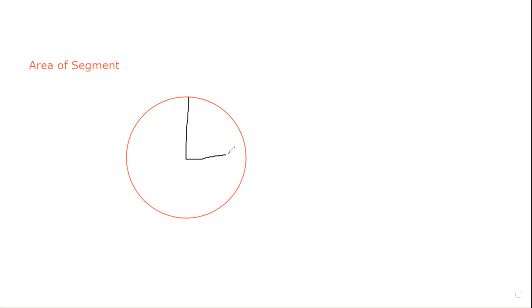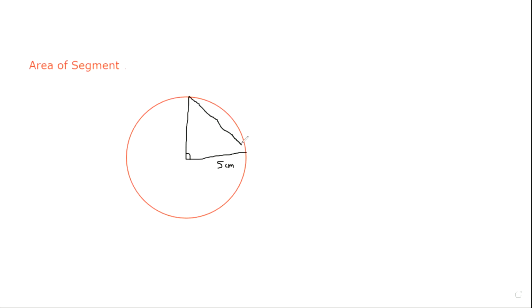But let's make it something simple, like 90 degrees, okay? And we want to find, so this is a radius here, this is a radius here. Let's say it's 5 centimeters. We're going to estimate this.